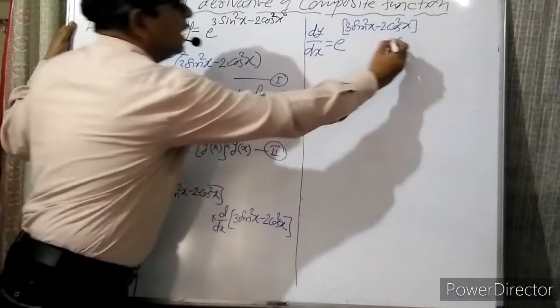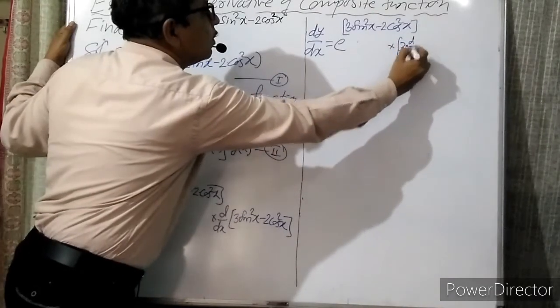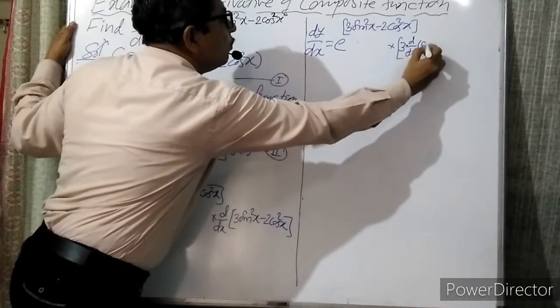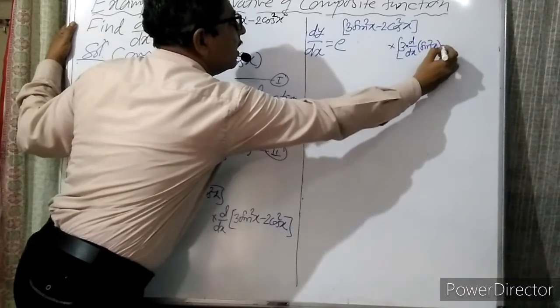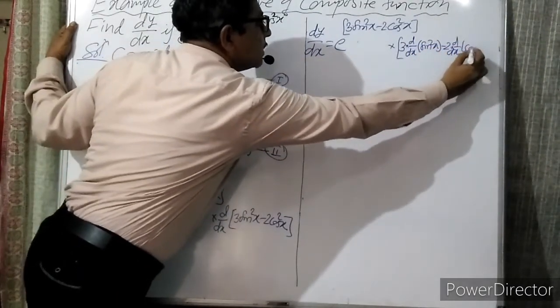now go for the separate derivatives here. We'll get 3 is constant into derivative of sine square x, dy dx of sine square x. These are the rules which you have studied in 11th standard. Minus 2 into dy dx of cos square x.